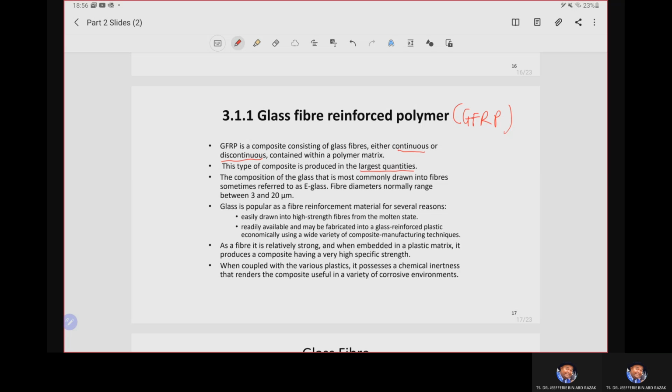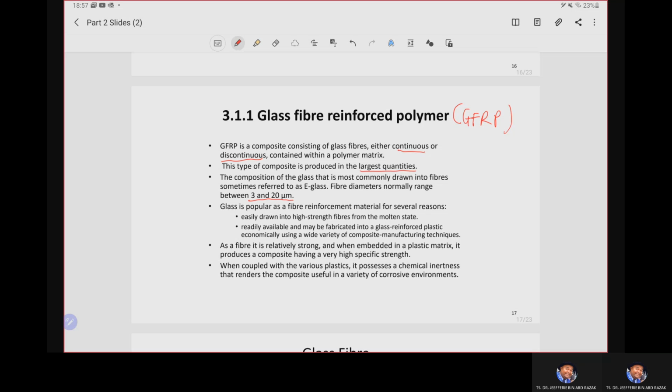There are two types of glass fibers, either E-glass or S-glass. For the dimension, the glass fibers normally have a diameter range between 3 to 20 micrometer. So please recap the lecture content from chapter 9 on how we process the glass fiber manufacturing.